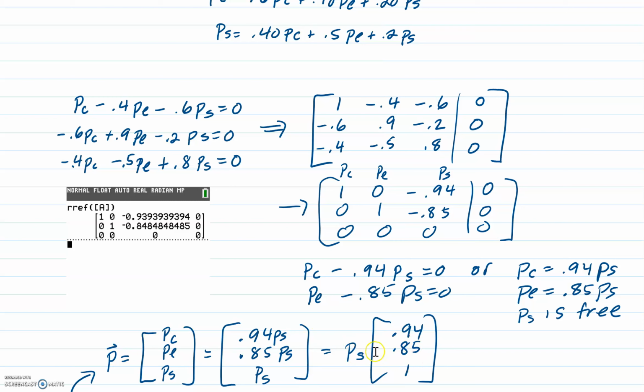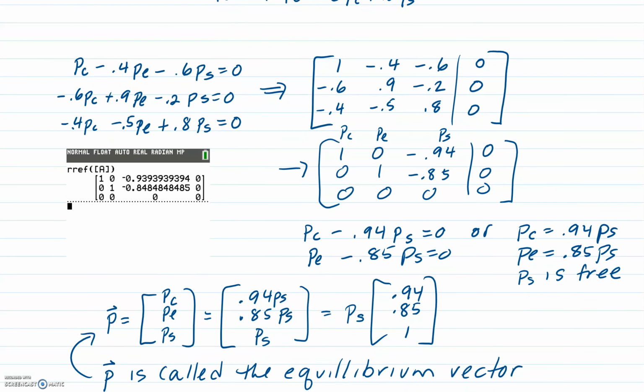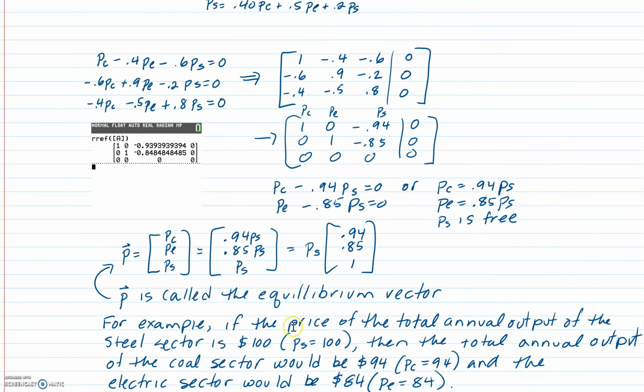So this is called our price equilibrium vector, which means for any non-negative choices for PS, we can find the prices for each sector since PS is free. For example, if PS is 100, that is, if you remember what PS was, the total annual income of the steel sector, then we can find the total annual outputs of the coal sector.